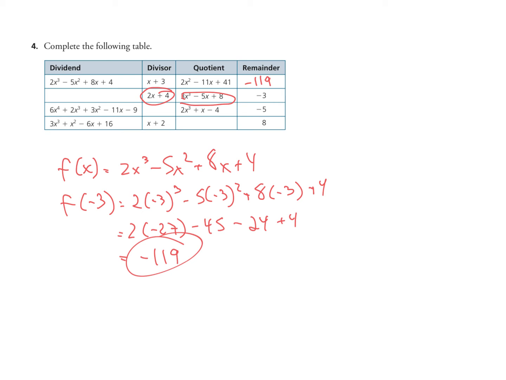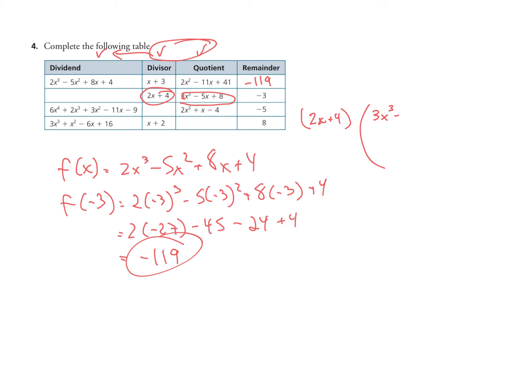So if this guy divided by this guy equals this guy, well then these two multiplied by each other should give you that, right? So let's go. I'm going to say 2x plus 4. You're going to multiply that by whatever the quotient plus remainder is.